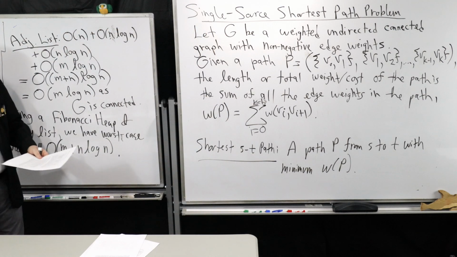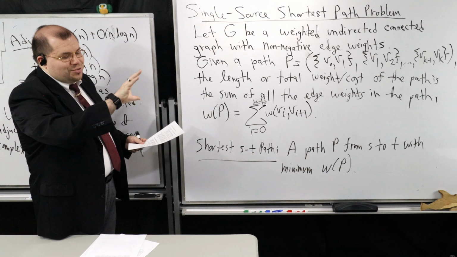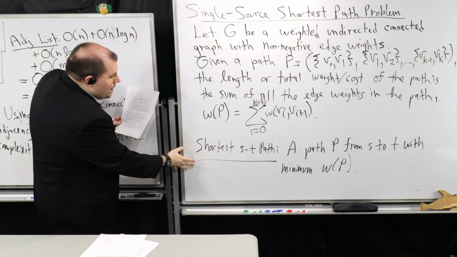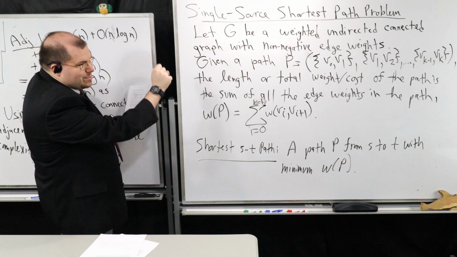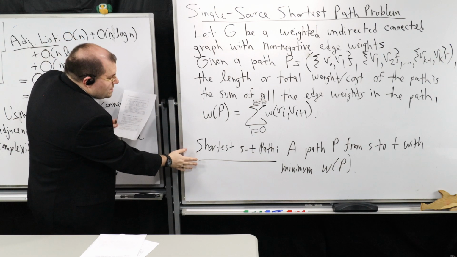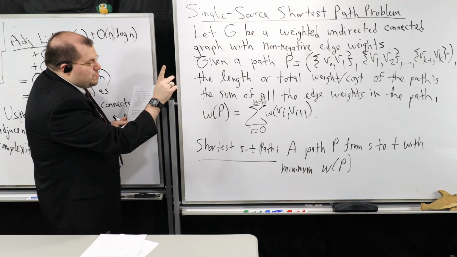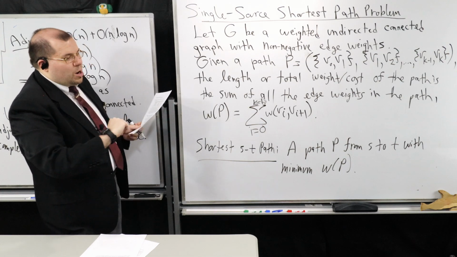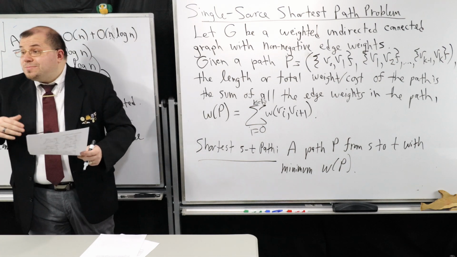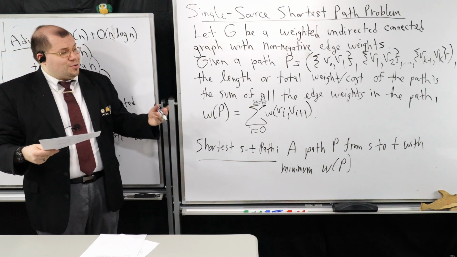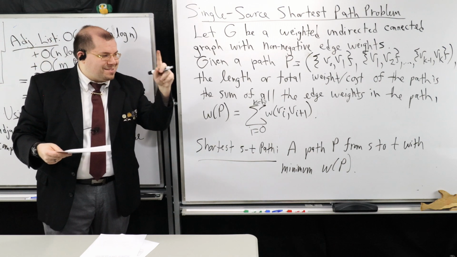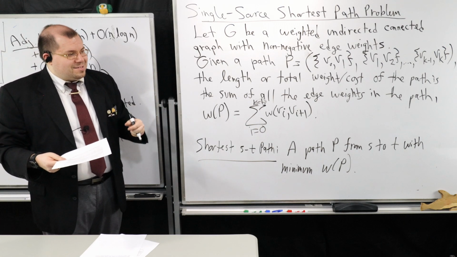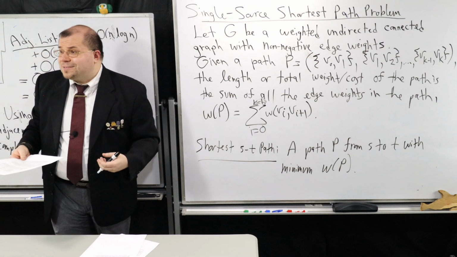What we're going to be doing is trying to find out how I can compute a path in a graph such as I described up here. I want to compute a shortest S-T path. So I want to compute a path P that goes from S to T with the smallest weight for its path, which intuitively you just simply say is the shortest distance to get from one vertex to another vertex, where now the edge weights dictate the distances between the two vertices.